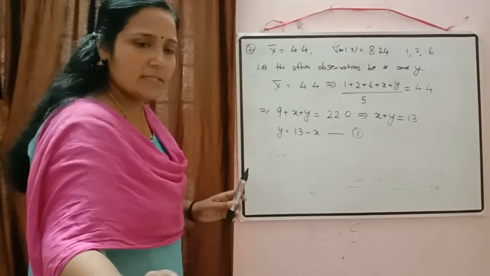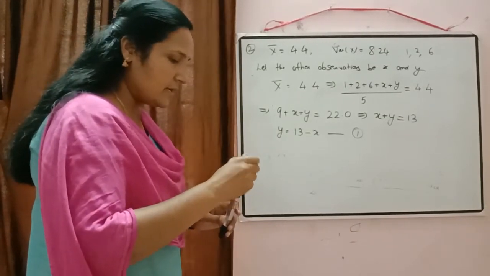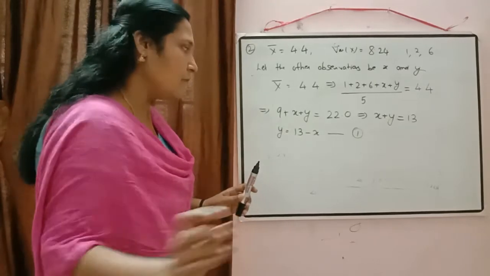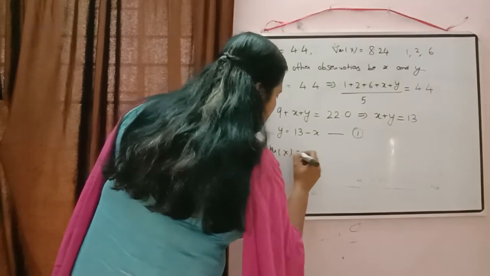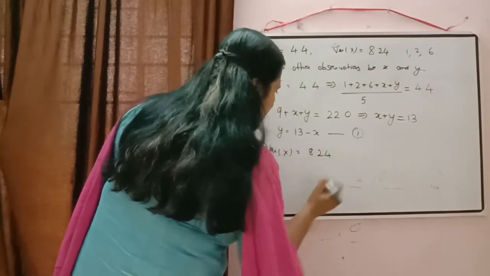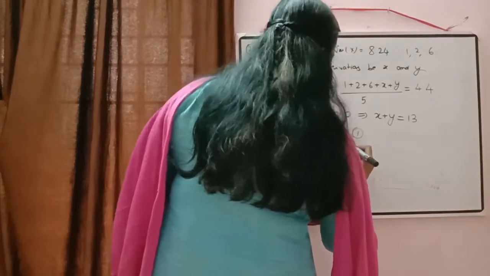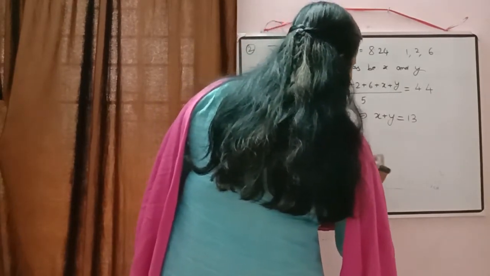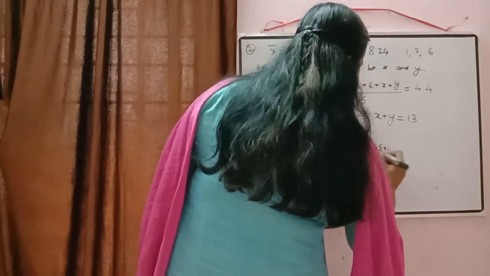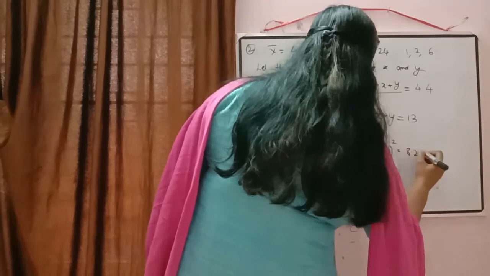Okay. Now to check the next information given. Variance of x is equal to 8.24. Now we will write down here. Variance of x is equal to, it is given 8.24. How are we calculating the variance? Yes, according to the formula it is Σxi²/n − (Σxi/n)², which is equal to 8.24.